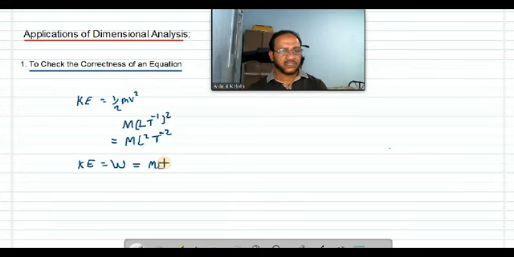Force, M L t raised to minus 2, into meter, so M L square t raised to minus 2. Now you see the dimension of both sides, LHS and RHS. This is the dimension of the left hand side of the equation, and this is the dimension of the RHS, and in both cases M L square t raised to minus 2.